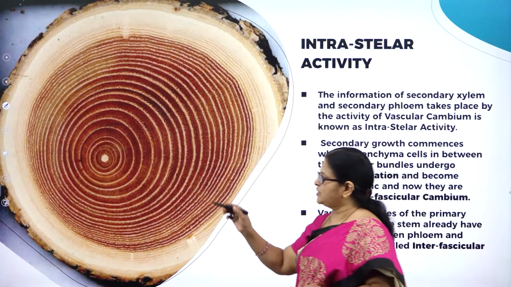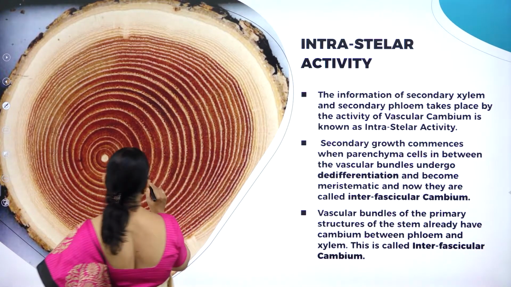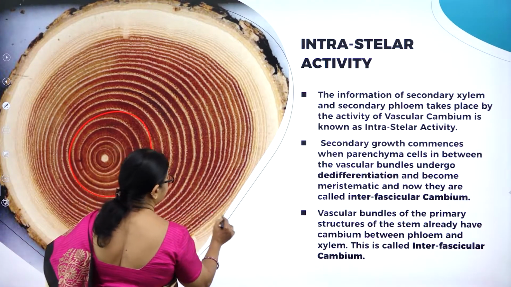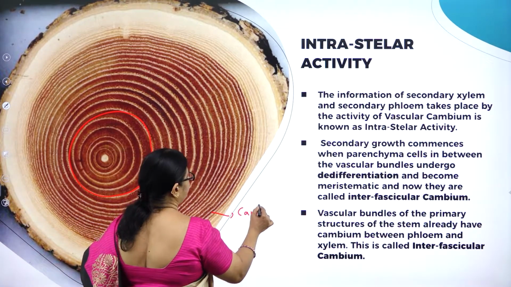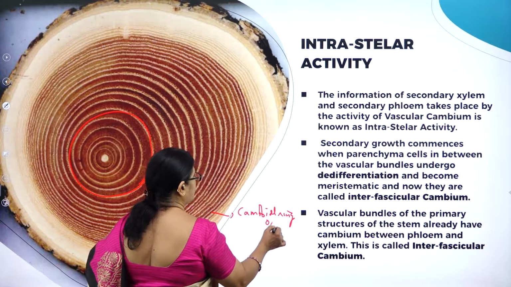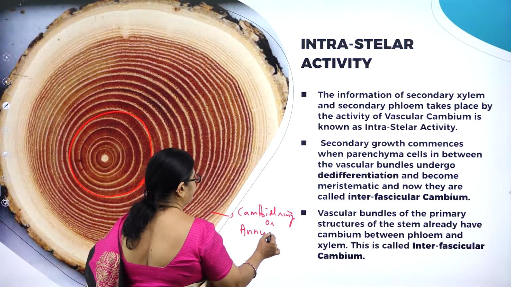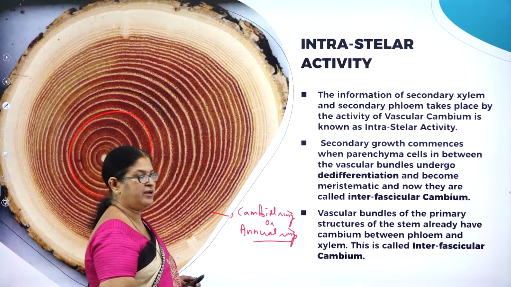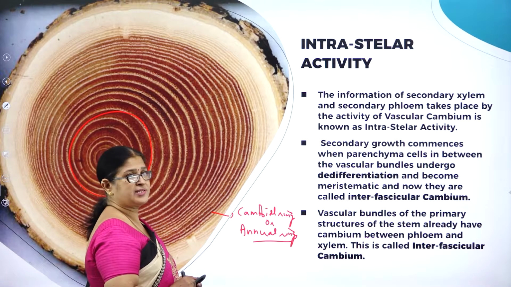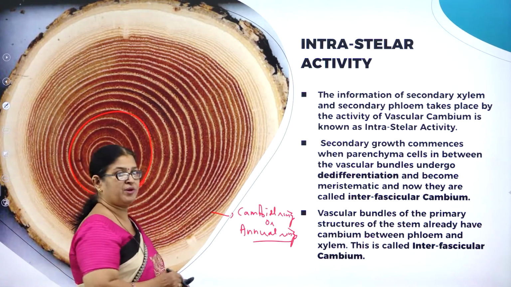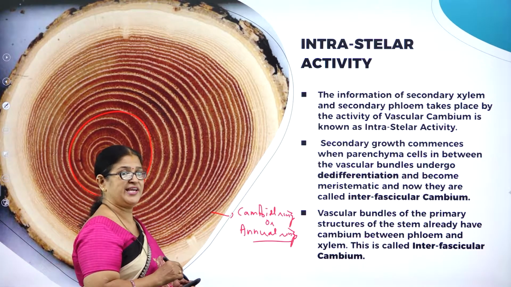So here you can see the beautiful wood. Here you can see the cambium rings. These rings are called the cambial rings, or otherwise annual rings. So by counting the number of annual rings, we can assess the age of a tree.